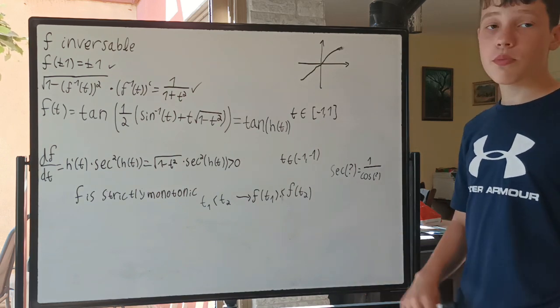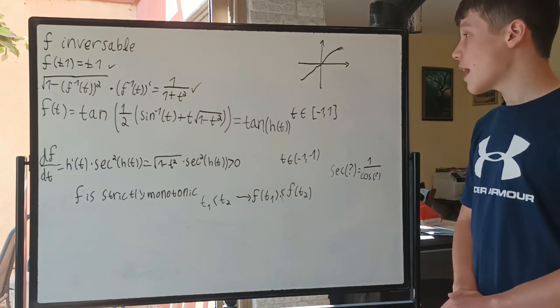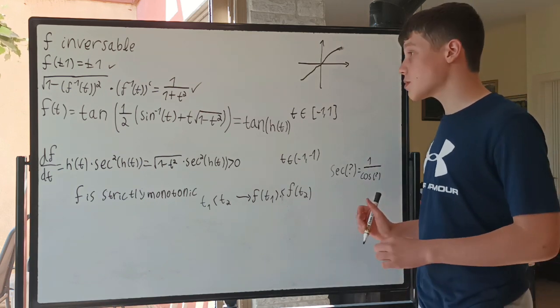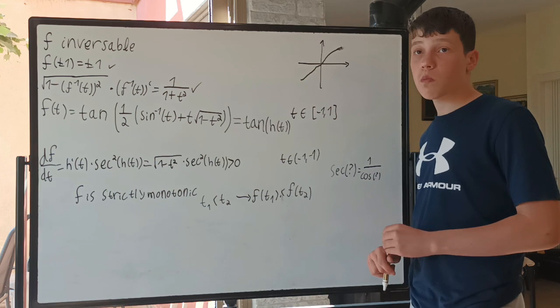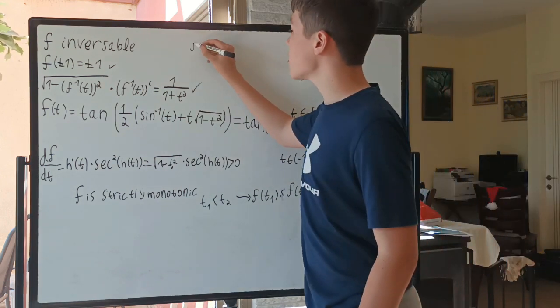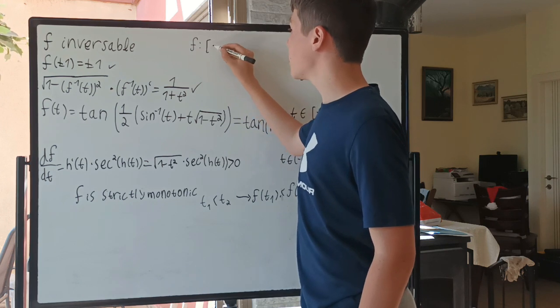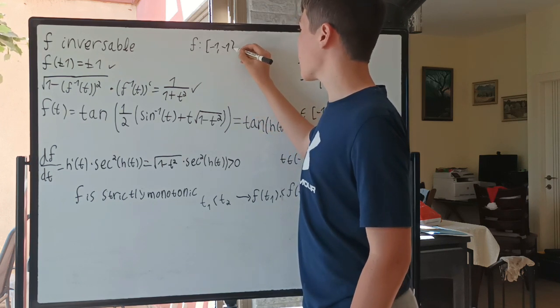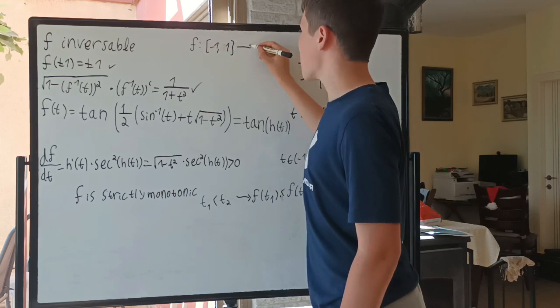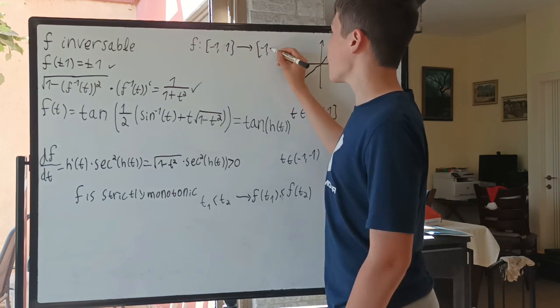So how can we use this to prove that f is invertible? Well, first, we want to show f is invertible, and f, remember, is going from the domain of the closed interval from negative 1 to 1, to the same interval, the closed interval from negative 1 to 1.